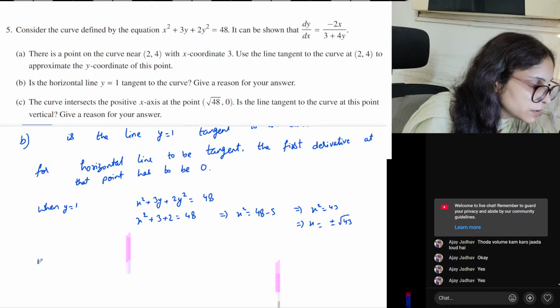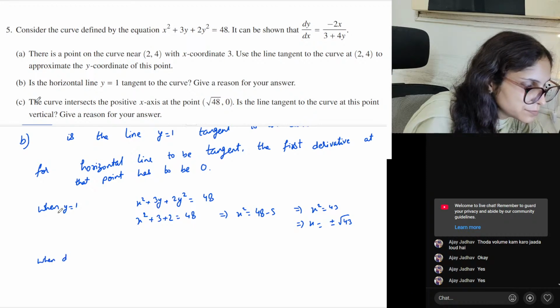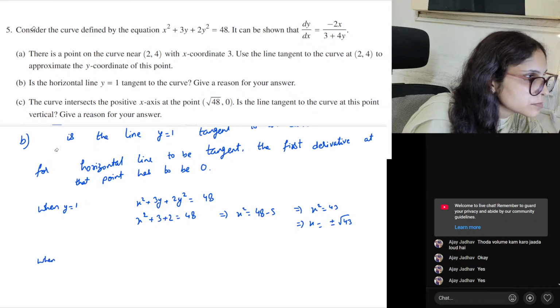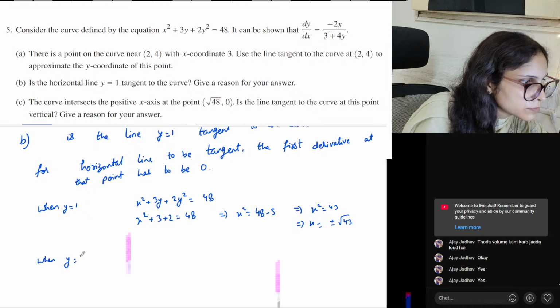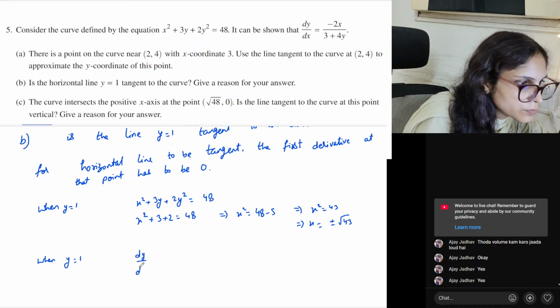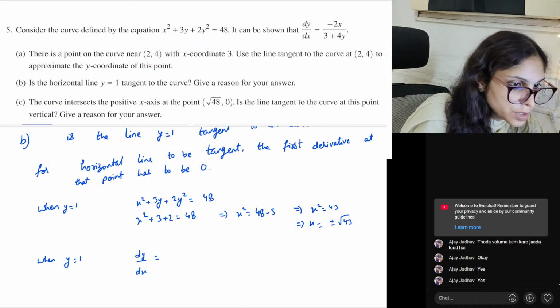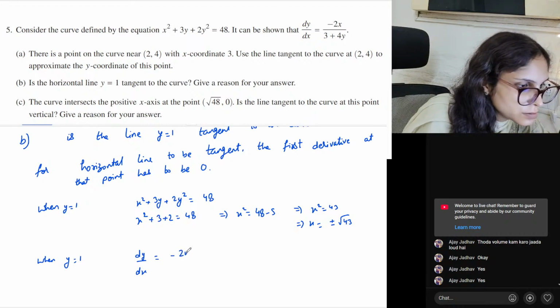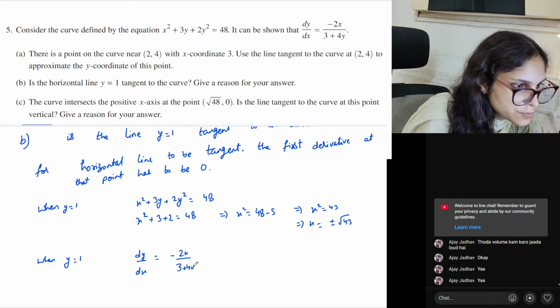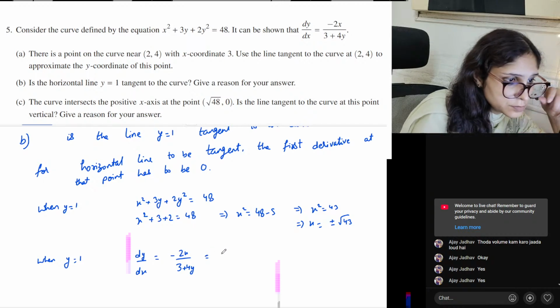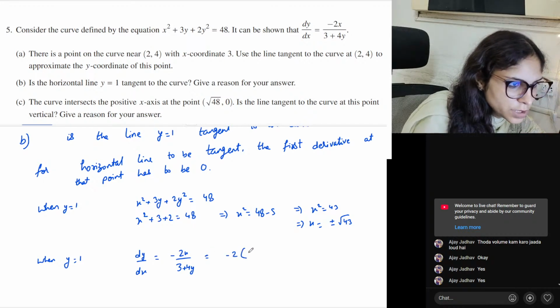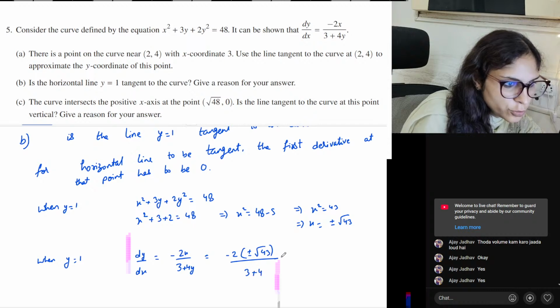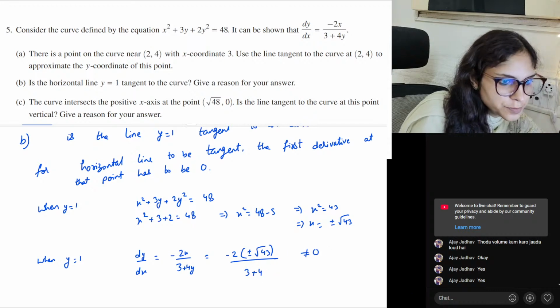Now we'll find dy over dx. It is negative 2x over 3 plus 4y. So negative 2 times plus or minus square root 43 divided by 3 plus 4, and this is not equal to 0.